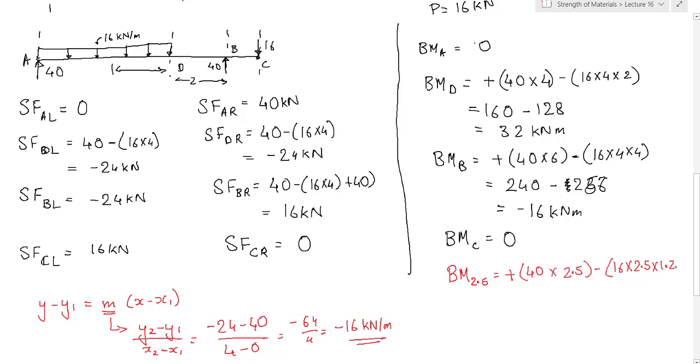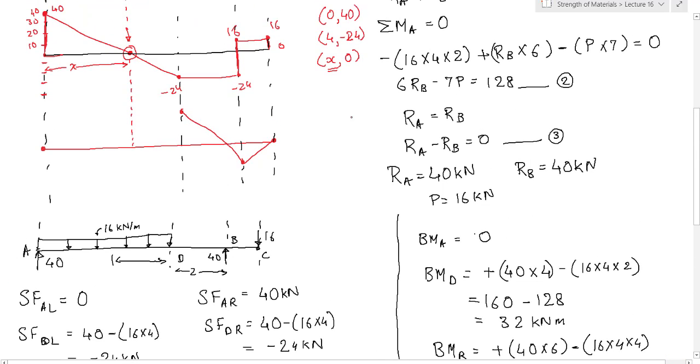So into 1.25. So what is going to be the value? 100 minus 16 into 2.5 into 1.25, which is coming out to be 50. So bending moment at a distance of 2.5 meters is 50 kilonewton meter, right? So the maximum bending moment is 50 kilonewton meter.